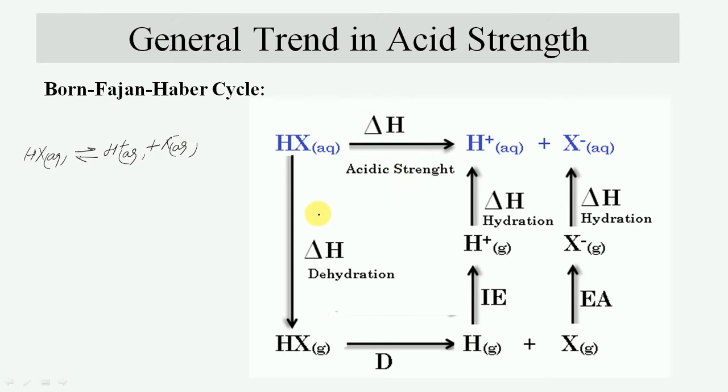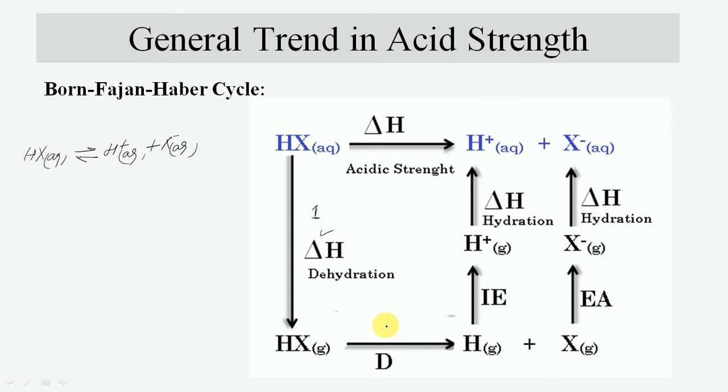Step number 1. In step number 1, the aqueous hydroacid is dehydrated to give gaseous HX. The heat accompanying this process of dehydration may be represented by delta H dehydration.